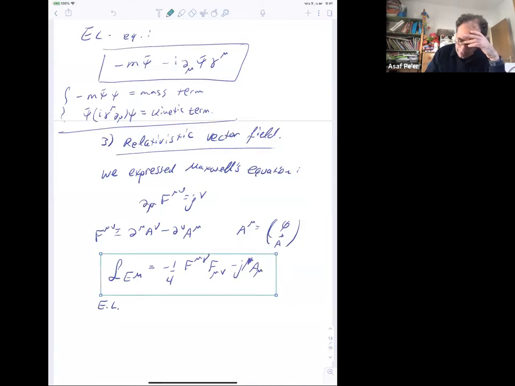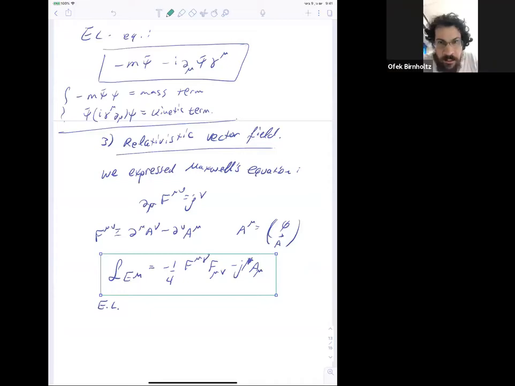You can tell me without writing the equation. What am I going to get if I do the Euler Lagrange? d mu F mu nu equals J nu.